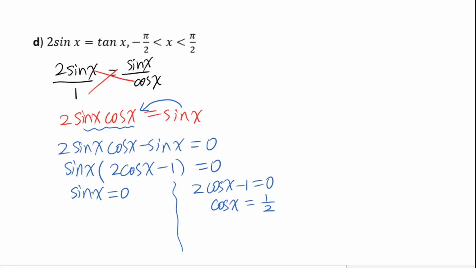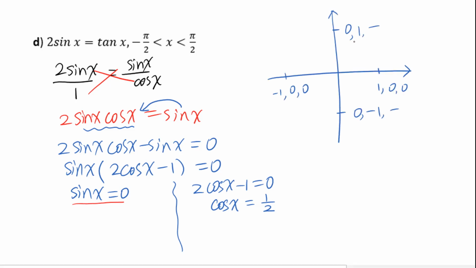For sine x equals 0, this is a quadrant angle. Let's draw diagram first. We know the coordinates are CST. For sine x equals 0, is these two angles.